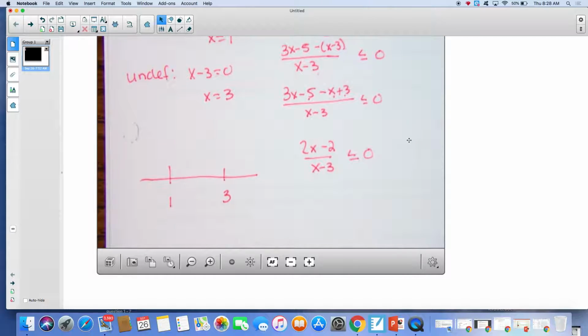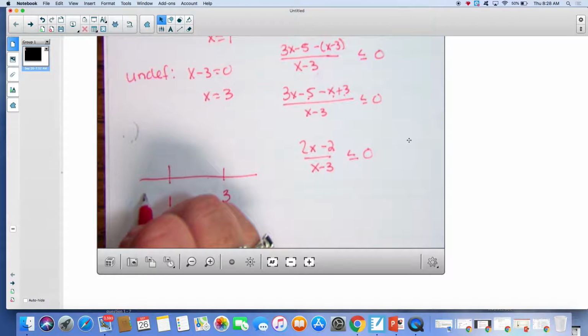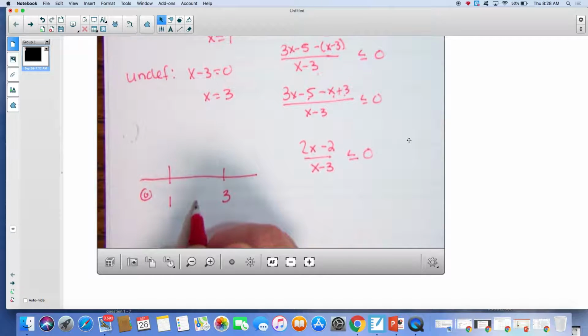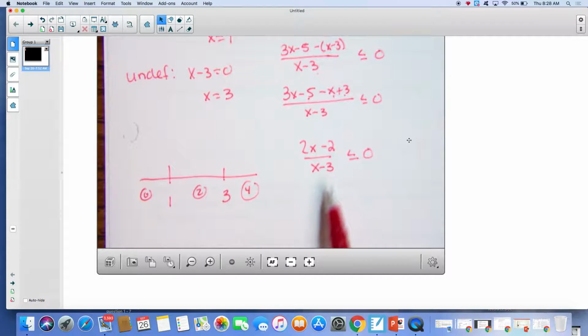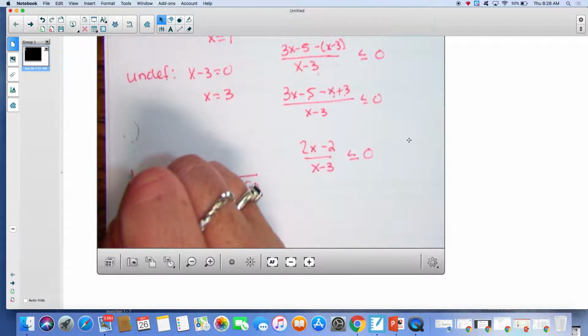Where's 0 fall on our intervals here? To the left. So we're going to use 0 here. What number am I going to use between 1 and 3? 2. What about over here on the right of 3? 4. So when I plug in 0, what do I get here? So that's positive.